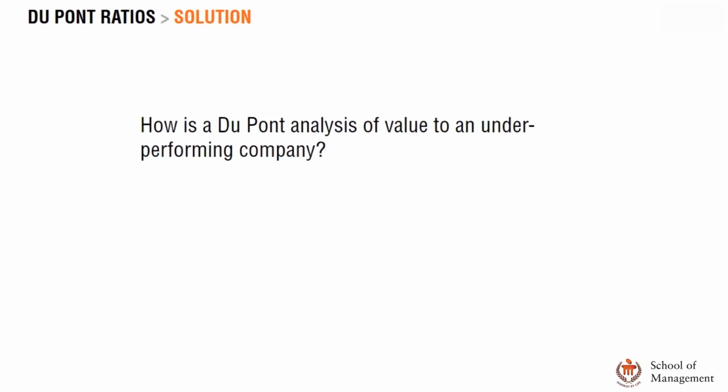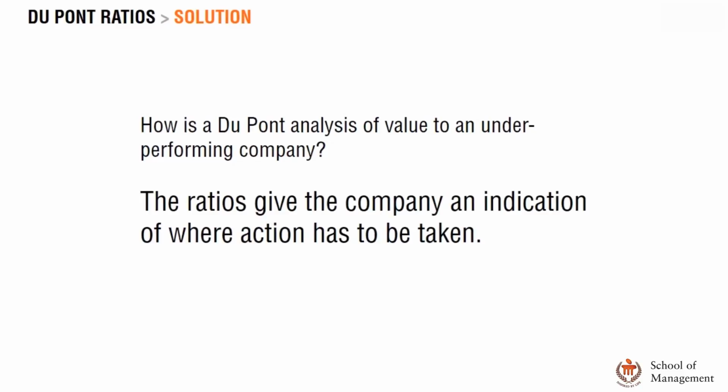Now, especially for a company which is going through a bad phase, a DuPont analysis is of tremendous value, because not only do these 5 ratios by themselves give the company an indication of where action has to be taken, but in addition, there can be a further breakdown of these ratios into their individual values.